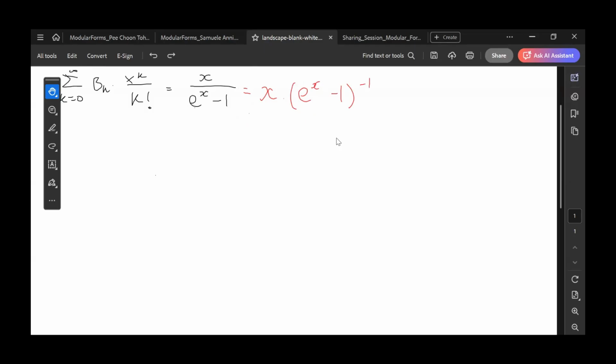So 8 times 1 plus 8 plus x squared over 3 factorial plus x cubed and so on, minus 1, the power of minus 1, which then can be simplified into this.